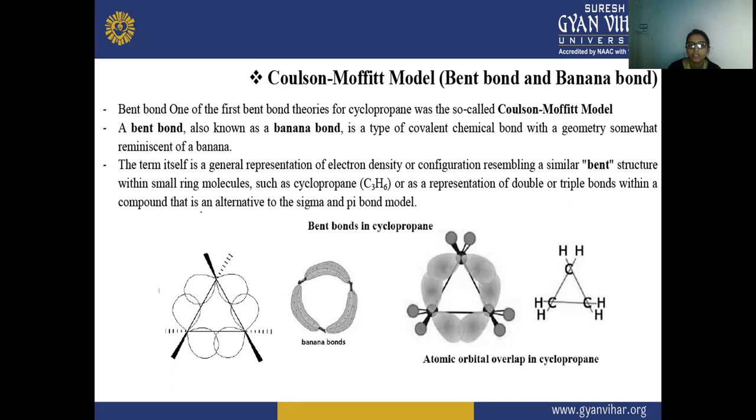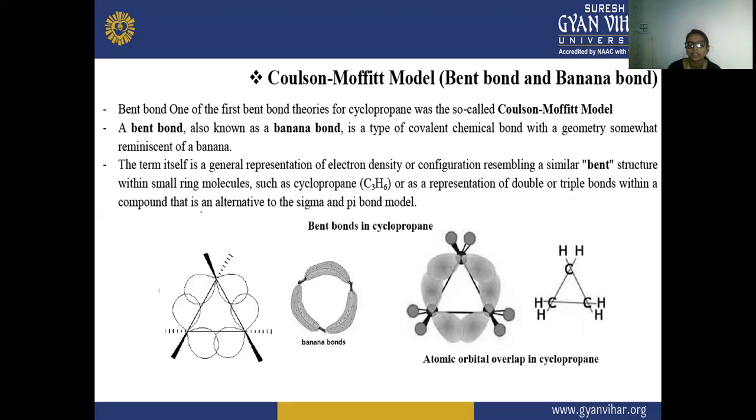So this bent bond term is representing the electron density, or the configuration resembling the bent bond structure within a smaller ring molecule. The smaller ring molecule is your cyclopropane, that is C3H6, and this configuration represents the double or triple bond within a compound.